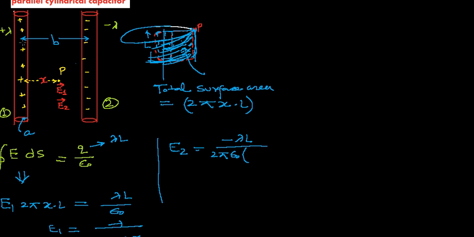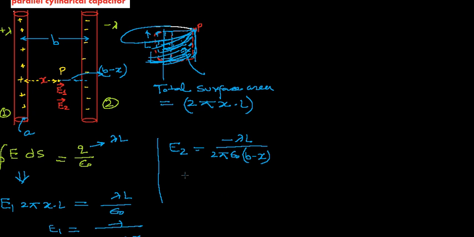The total distance is b, so b minus a will be this distance. We need to calculate this distance here. It is b minus x, not a, b minus x. You put it here, b minus x.